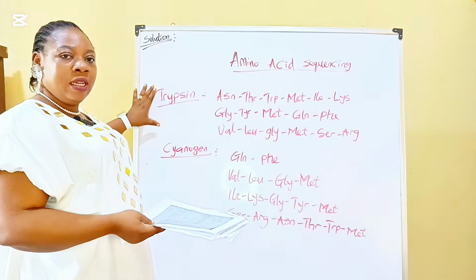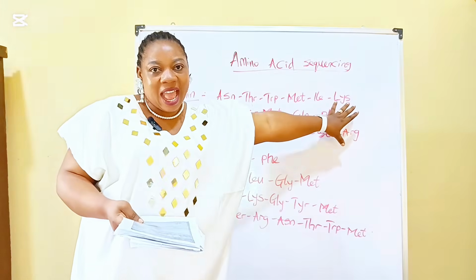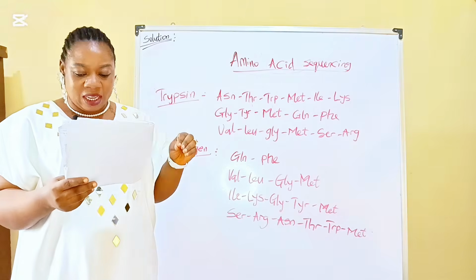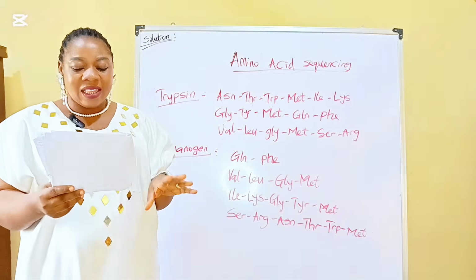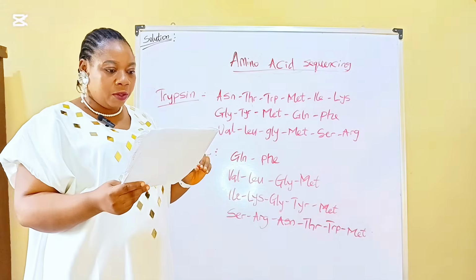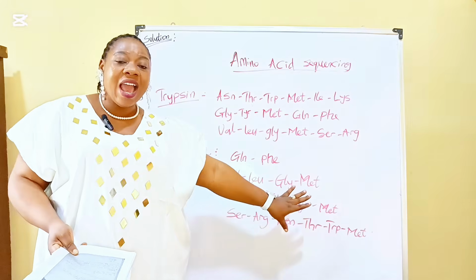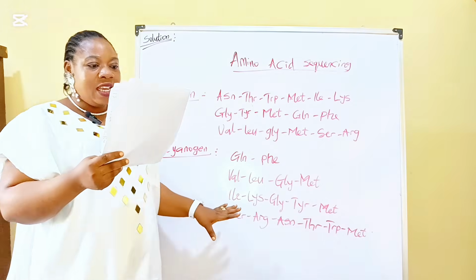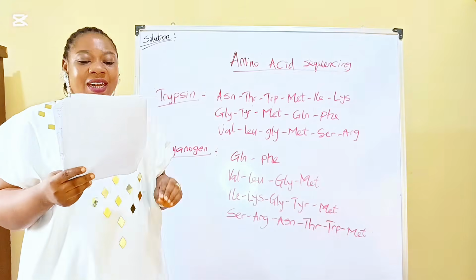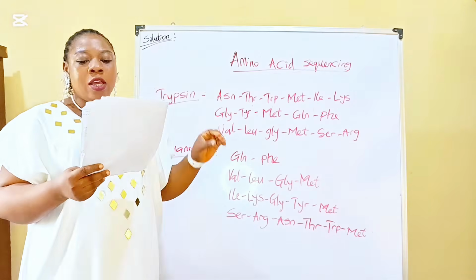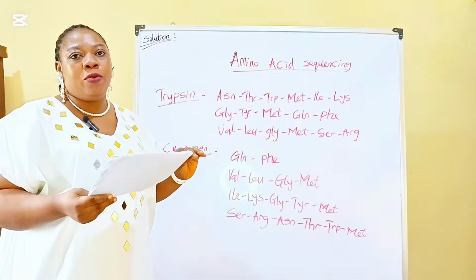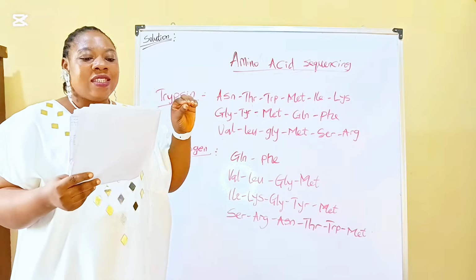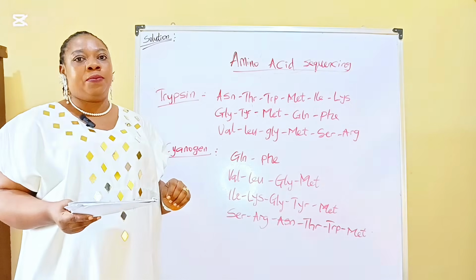So for trypsin, these are the results gotten after it was treated with trypsin. The following sample was gotten after the cyanogen treatment. This was what was gotten after the treatment with cyanogen bromide. Now the question is, determine the original amino acid sequence of the protein.